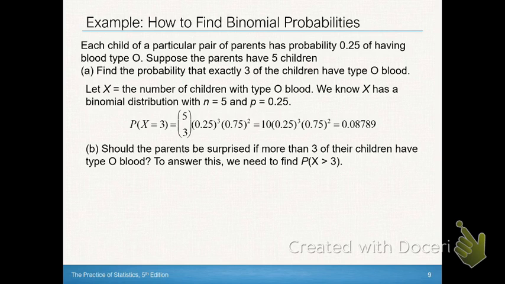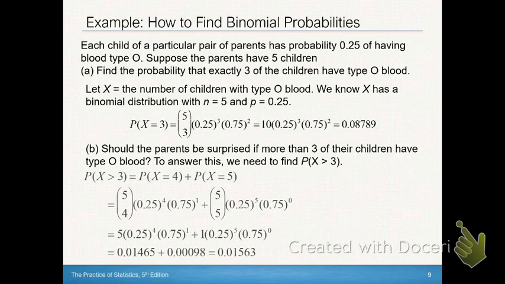That gives us this value. Now let's say we wanted to find the probability that we have more than 3 children with type O blood. Well, in this case, that would mean 4 or 5 children. So basically, you have to do that process we just did above, but you have to do it twice. You do it once for 4 children and once for 5 children, and then you add those 2 probabilities up.